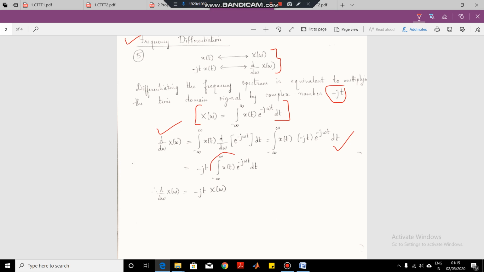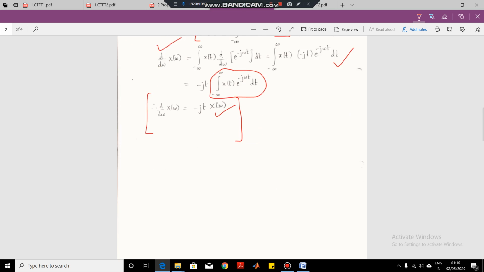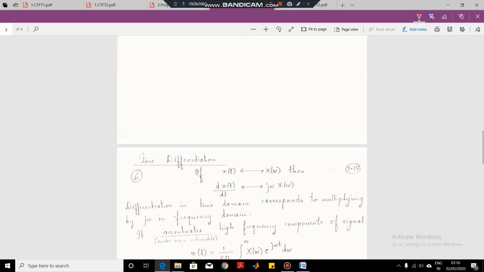So this equation is nothing but the Fourier transform of x of t multiplied by minus j t. Hence this is the proof, that is, if you take the derivative of X of omega, it is as if multiplying the time domain signal by minus j t. So we can reshuffle it in this manner.